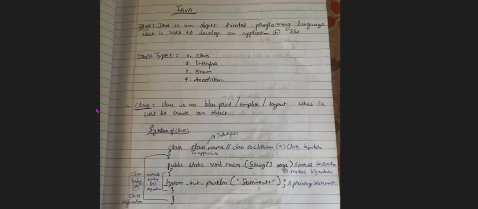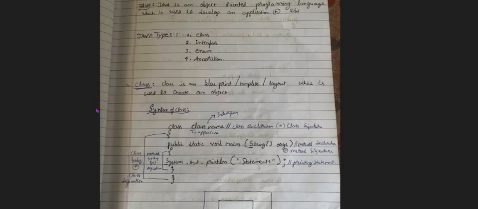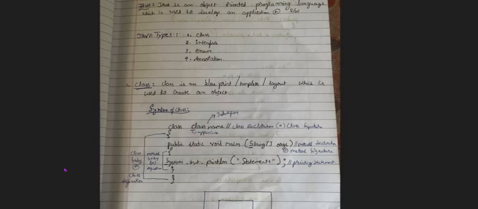Below that, I mentioned the syntax of the class. The class name is also called an identifier. Here we declare the name, the class declaration, and it is case sensitive, so we need to write the C in uppercase.